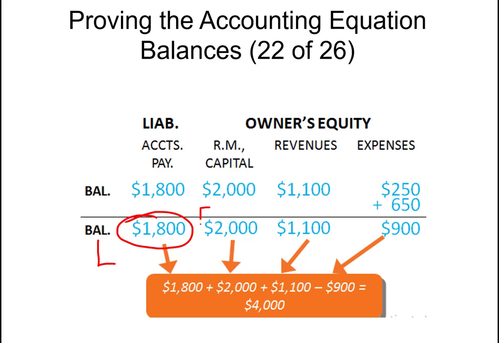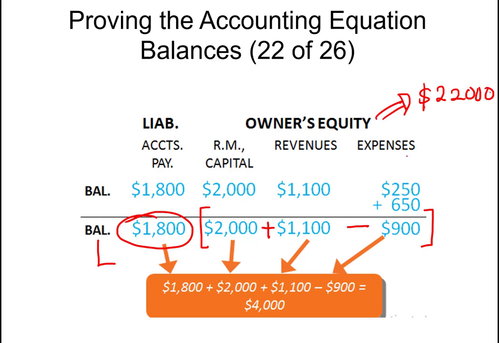Let us look at our total owner's equity. What is the formula? 2,000 capital plus revenue 1,100, so you get 3,100, and then minus 900. So the balance for owner's equity is $2,200.